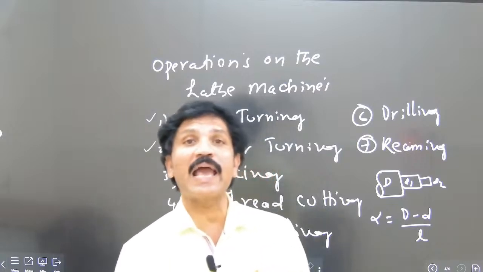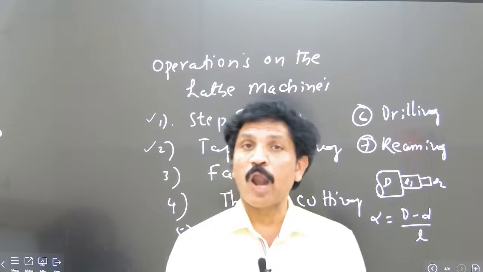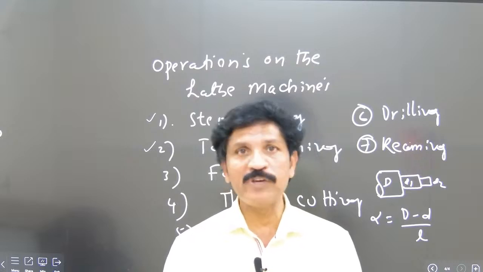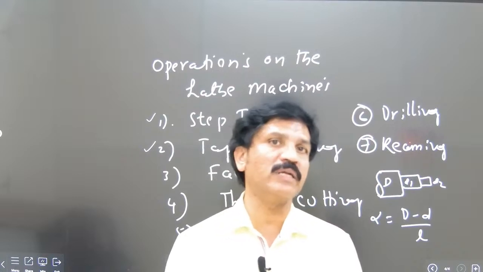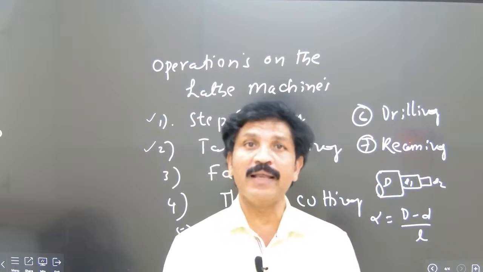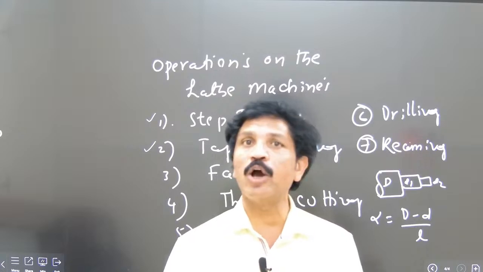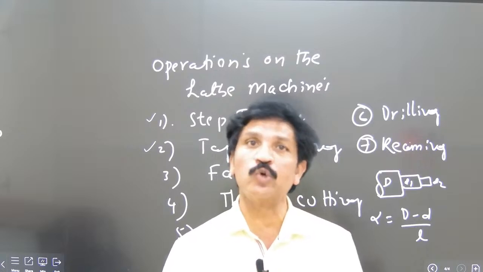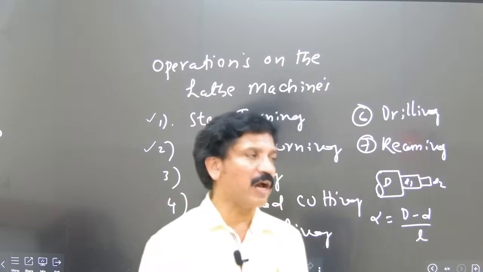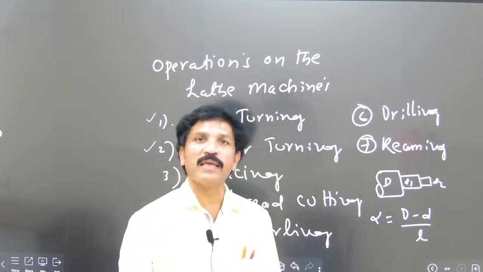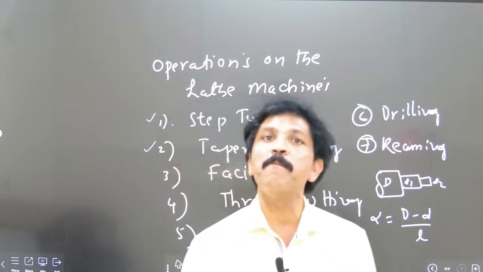Taper turning is not manually operated. Once we fix the angle, whatever higher and lower diameters you want are automatically obtained by means of the carriage and the tool post. For that we need to calculate the angle, using capital D minus small d by length.